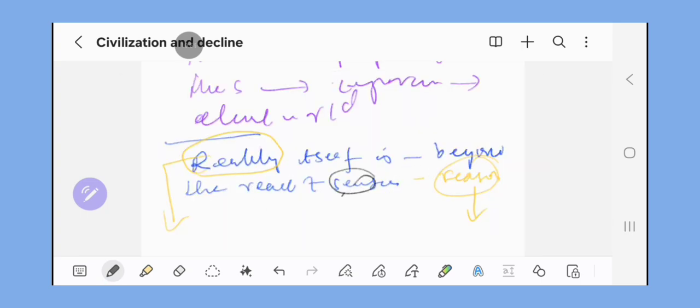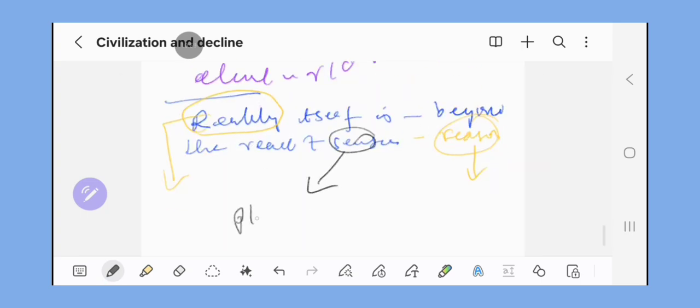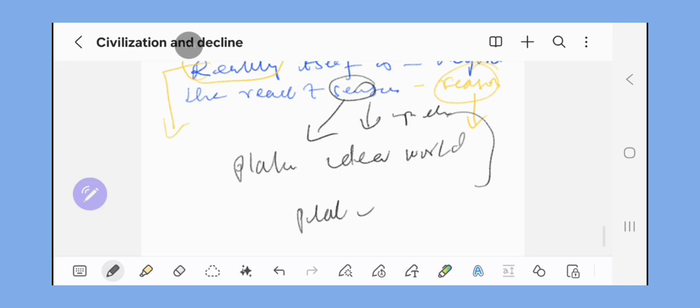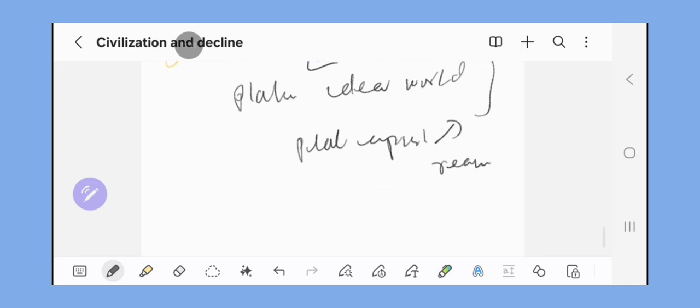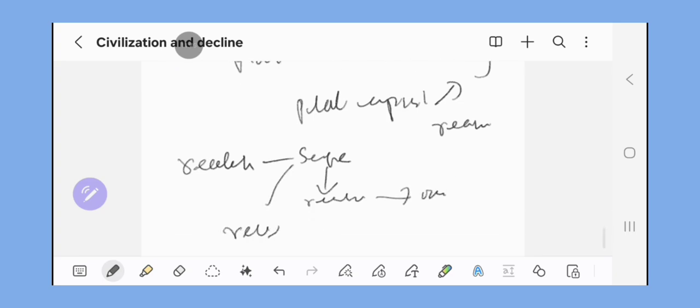Beyond the reach of senses would include Plato's ideal world as well. But I think not entirely, because senses are an important element in Plato's epistemology, although they have to combine with reason. So reality itself is beyond our senses, at least, and probably reason on its own as well. So you need revelation.